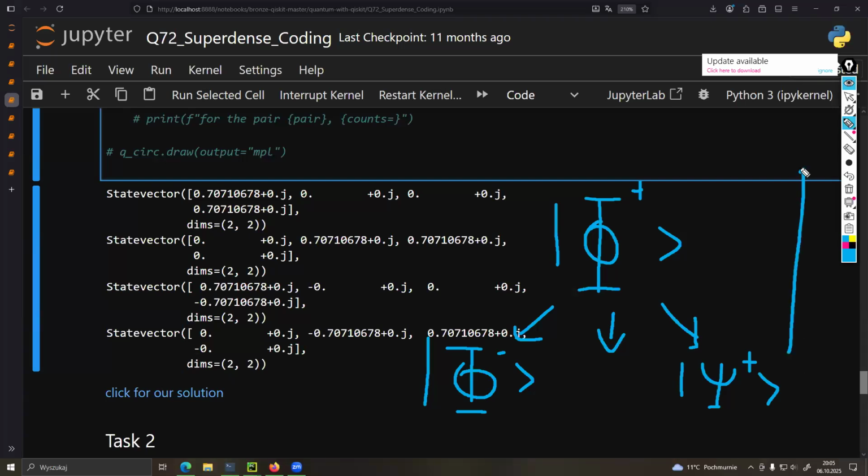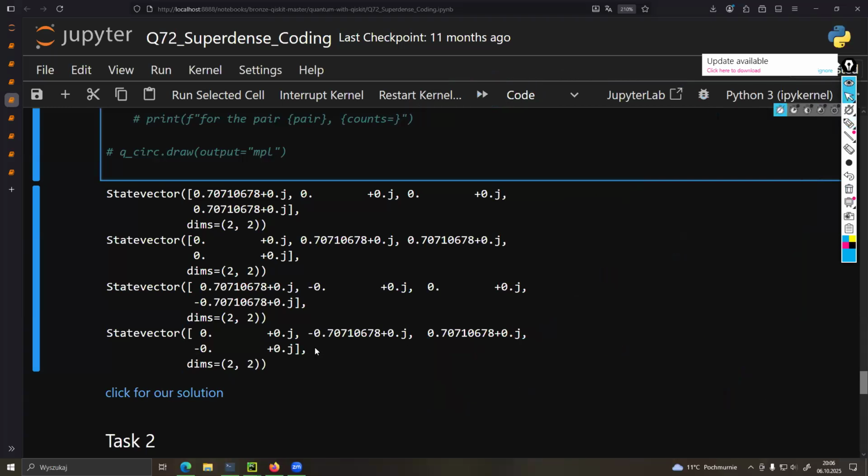And then after going back from it and decoding it yet again by our CNOT and H, we get back our bits either unchanged, which would be 0, 0, right? Or we could get something completely different, like 1, 1, that we get as our last outcome, which is this one.